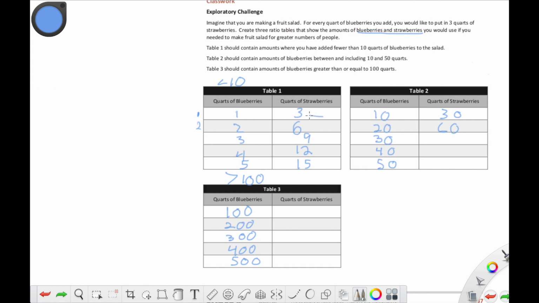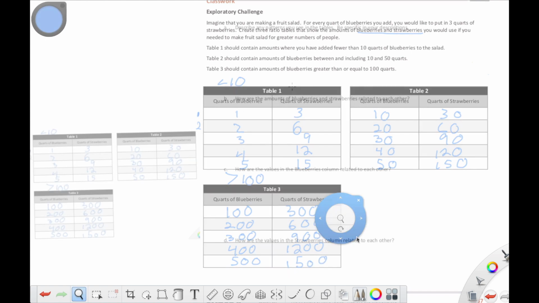If we had 30 quarts, we would need 30 of this many. So that's going to be 90, 120, and 150. If we went by hundreds, 100 times 3 is 300, 200 times 3 is 600, 900, 1200, and 1500.